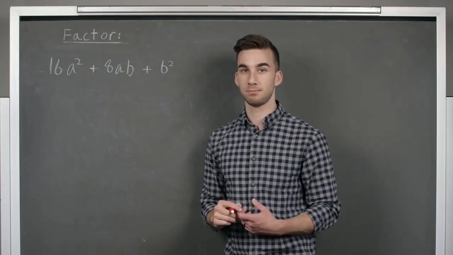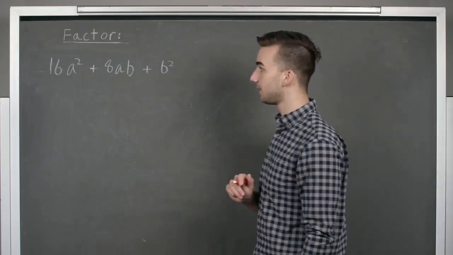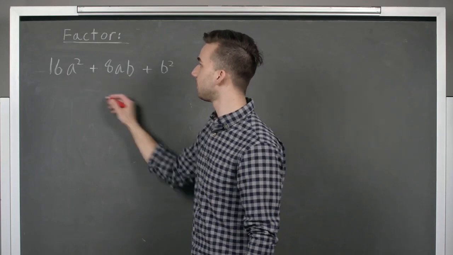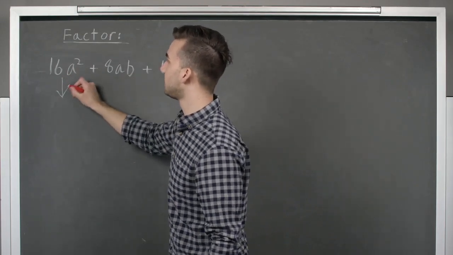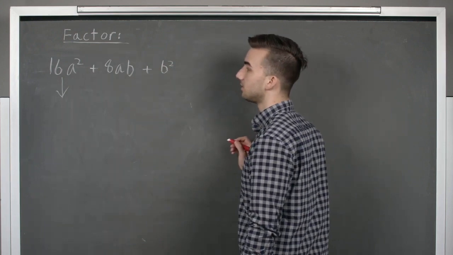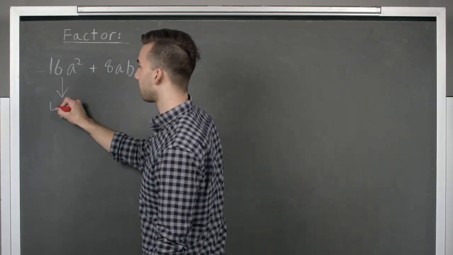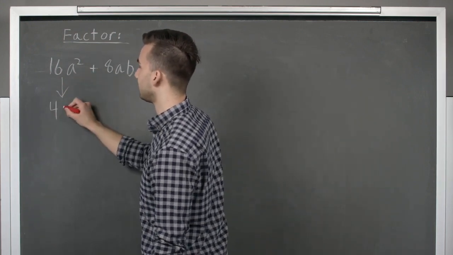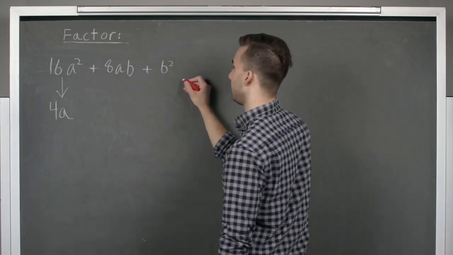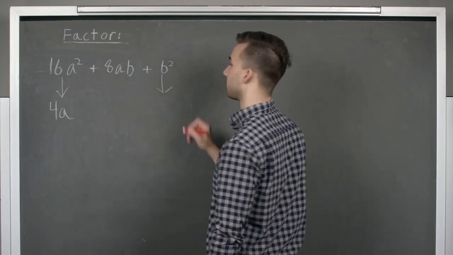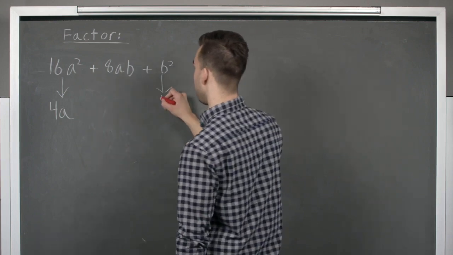Here's another example. Let's do step one: take the square root of our first and third term. What's the square root of 16a squared? The square root of 16 is 4, and the square root of a squared is a. Over here, the square root of b squared is b.